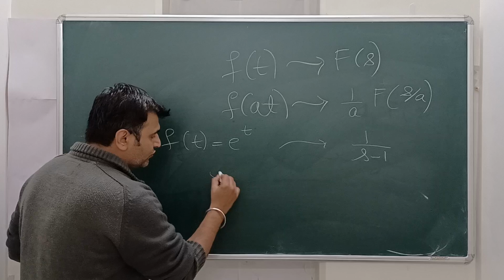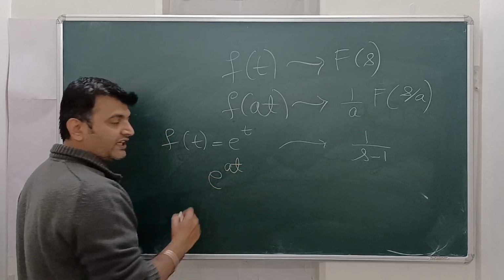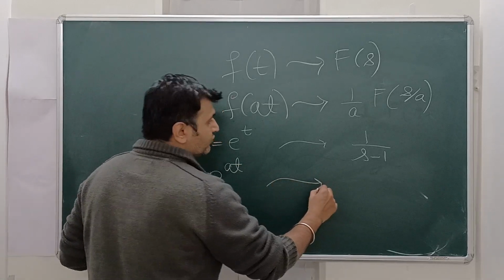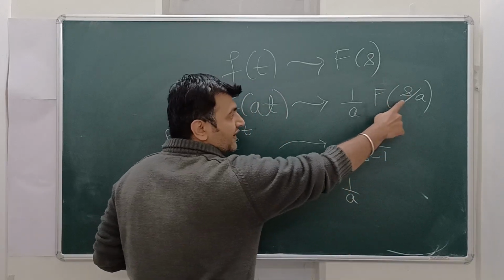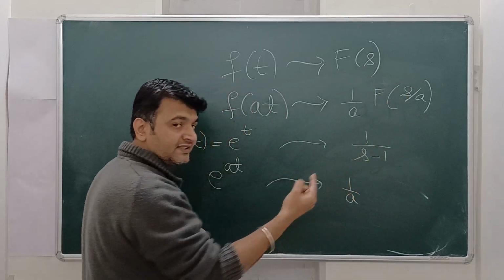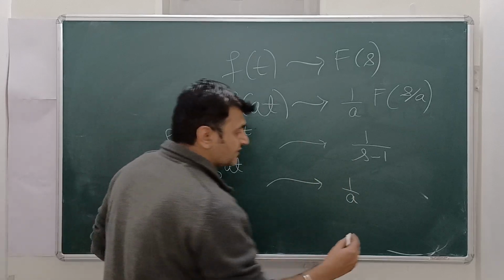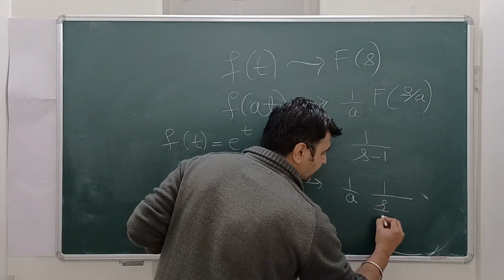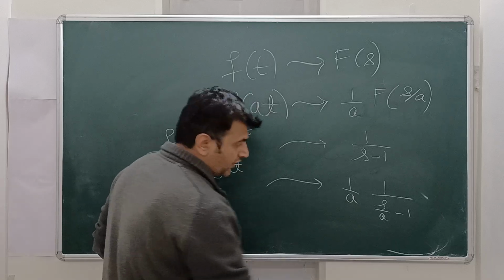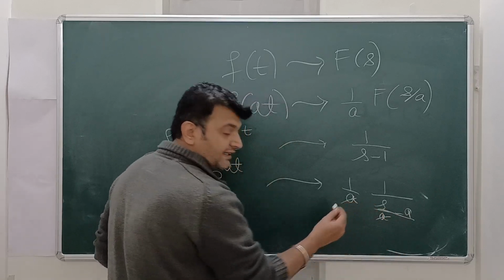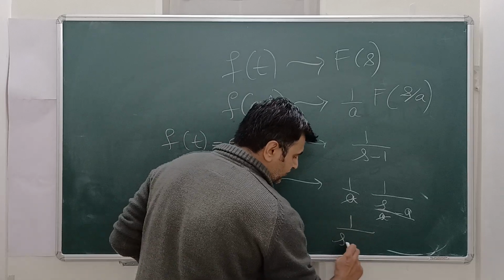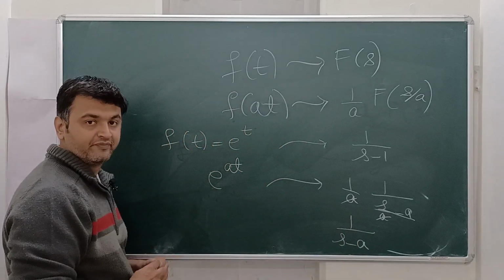Now if I ask you what is Laplace of e raised to at, you simply do this: it is 1 by a into F of s by a. So wherever you have s, you replace s by s by a. So 1 upon s by a minus 1. You do the cross multiplication and then this a and this a will get cancelled. You have 1 upon s minus a.